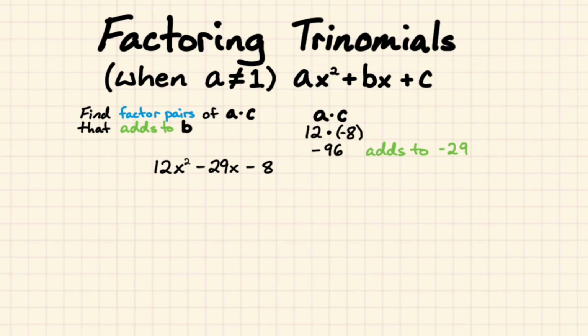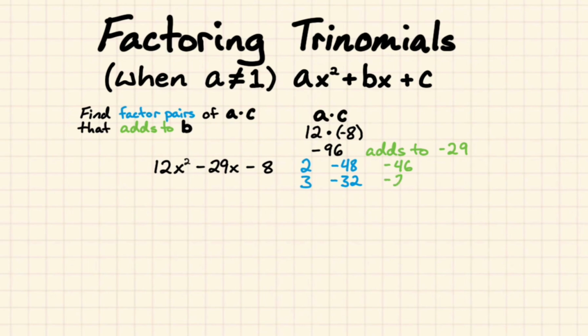Let's try some out. 2 times negative 48, that gives me negative 96, but it adds to negative 46. So you want to start thinking about numbers that would add to get negative 29 first, and that are around this area. 3 times negative 32, well, that works.